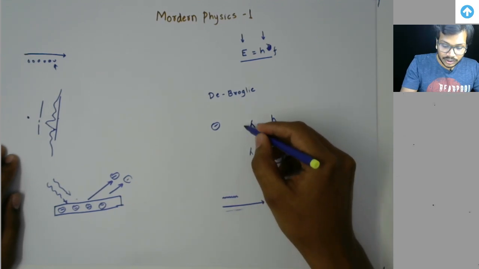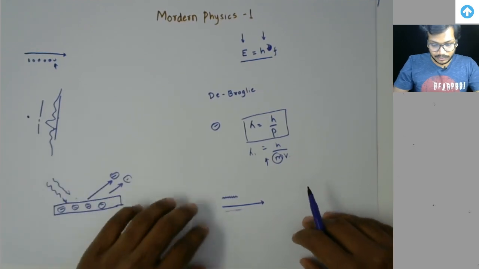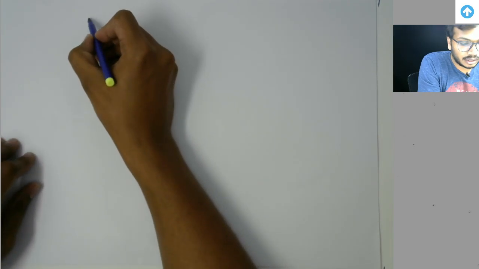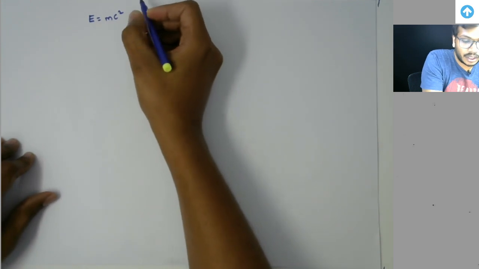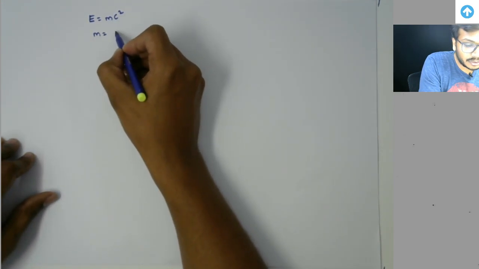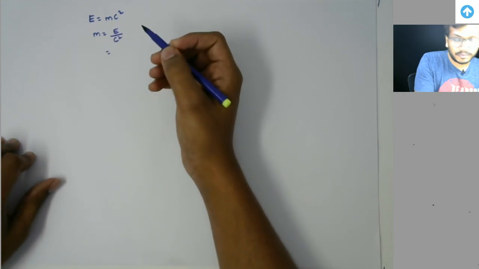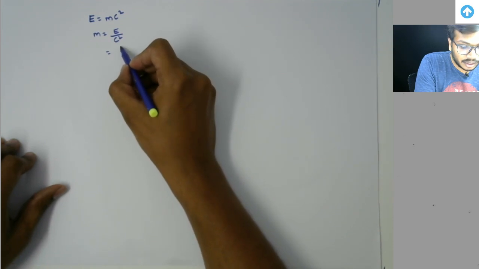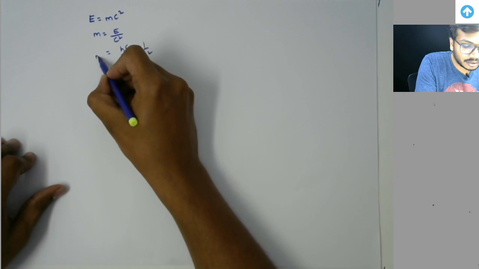This relation can also very easily be proven. Consider the Einstein energy relation, E is equal to mc squared. From this you can write m is equal to E by c squared, and from Planck's equation you could write energy as hc by lambda, into 1 by c squared, right?